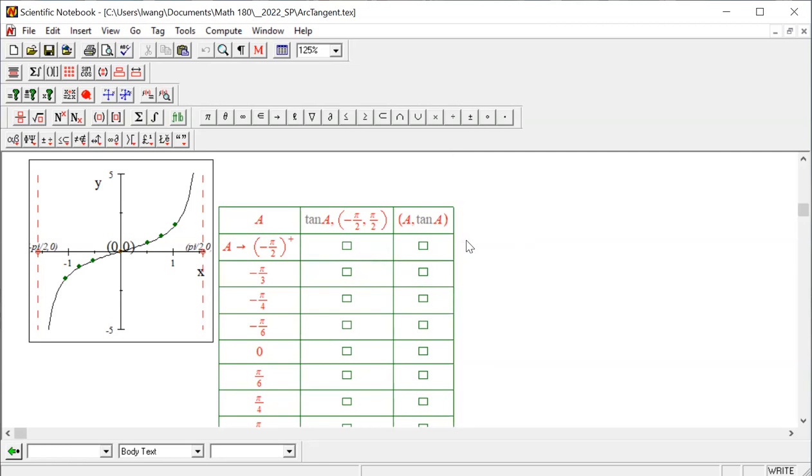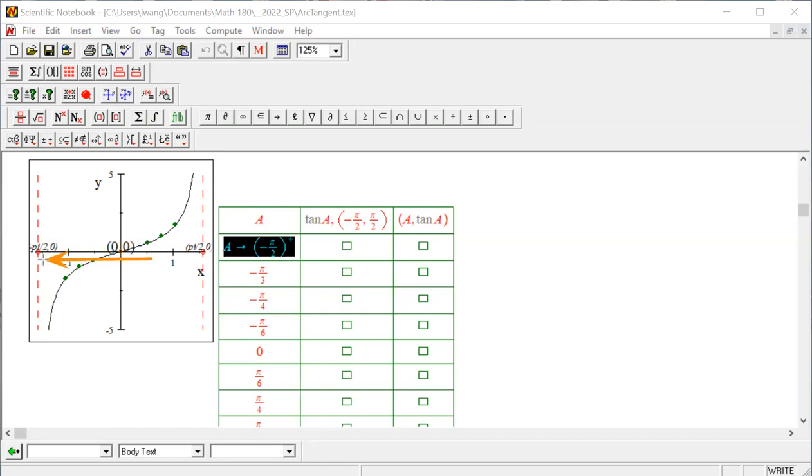So let's see, before we do inverse, let's look at what's going on. When A approaches negative pi over 2 from larger than it, and we know this is approaching what? What does it approach to? This approaches negative infinity, right? It should be the golden color. Let me use the golden color. Okay, that's the golden color.